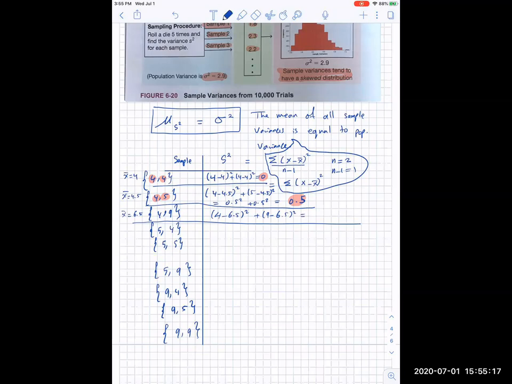That will give me, times 2, 12.5. The next one, 5 and 4, the same as 4 and 5. This one I don't need to do anything, just use the same number I got before, 0.5. 5 and 5 is 0, the same as 4 and 4.